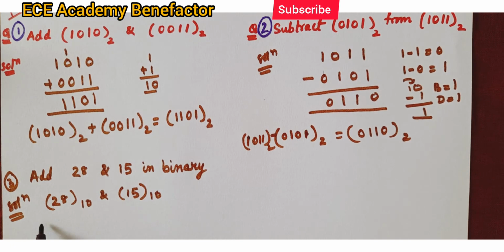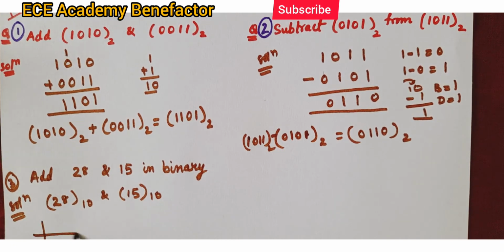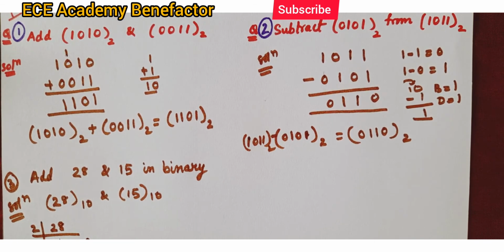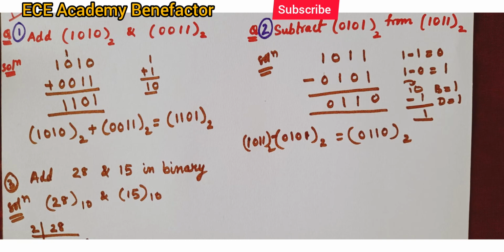Divide by 2. So dividing 28 by 2, 2 14s are 28, remainder is 0; 2 7s are 14, remainder 0; 2 3s are 6, 1 is left; 2 1s are 2, 1 is left. Okay.